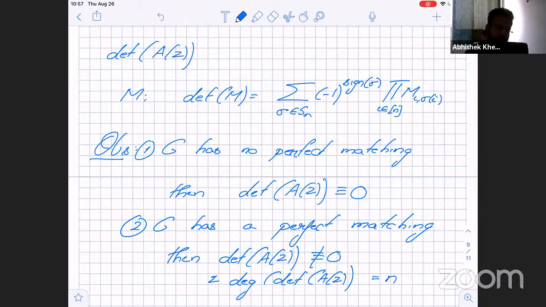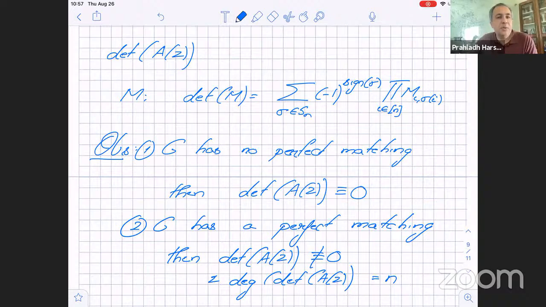So now checking if it has a perfect bipartite matching or not just amounts to checking if this determinant is the identically 0 polynomial or not. And how do you do it? Just pick a random point and evaluate it.